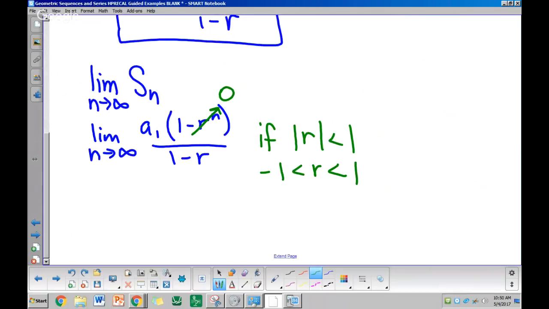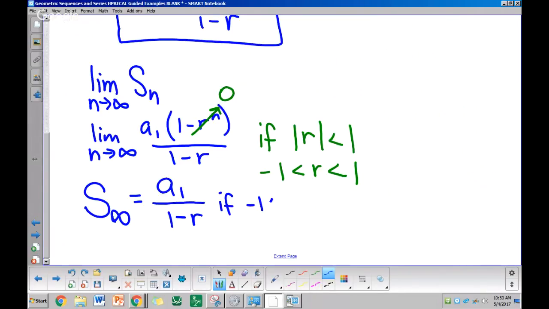And so what is this limit? The sum of an infinite number of numbers is going to be a sub 1 over one minus R, if R is that special number that lies between 1 and -1.